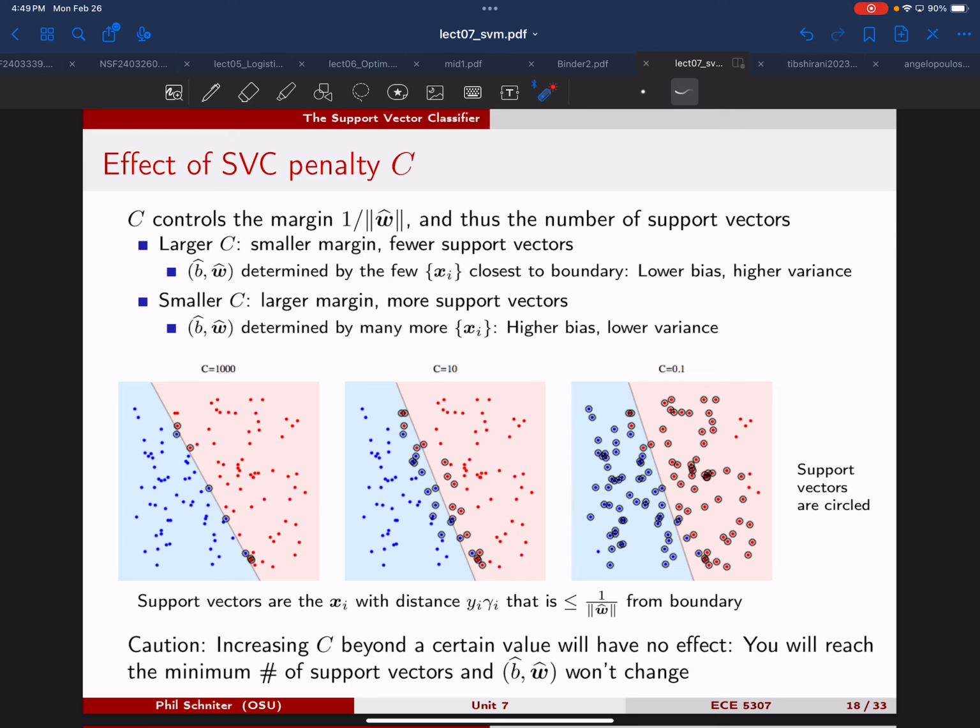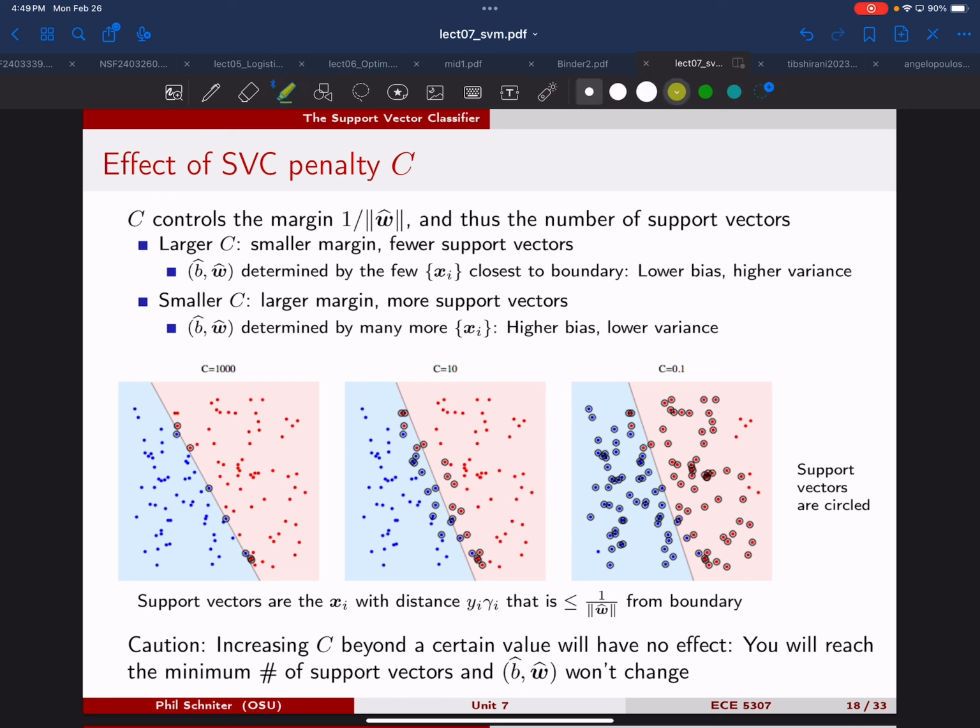On the other hand, over here, you can see that this line is really, in some sense, the average of all those points. All those points have some effect, so as I move one given point, it doesn't really change the line very much at all. So if I did this experiment over and over again with random points, I would see that this line doesn't really fluctuate very much. Okay, so in terms of variance, this is going to be a high variance solution. This is going to be a low variance solution.